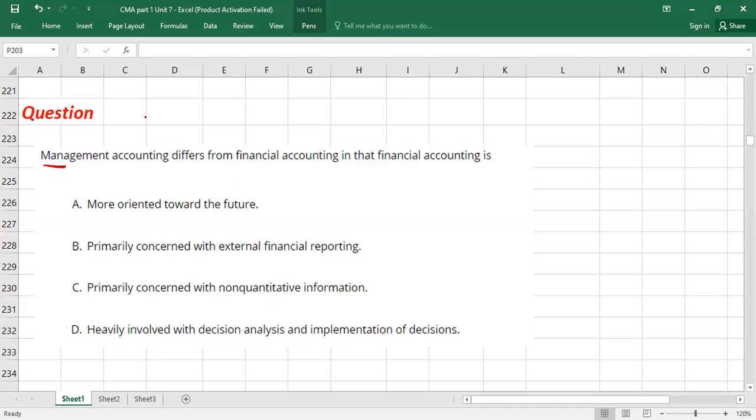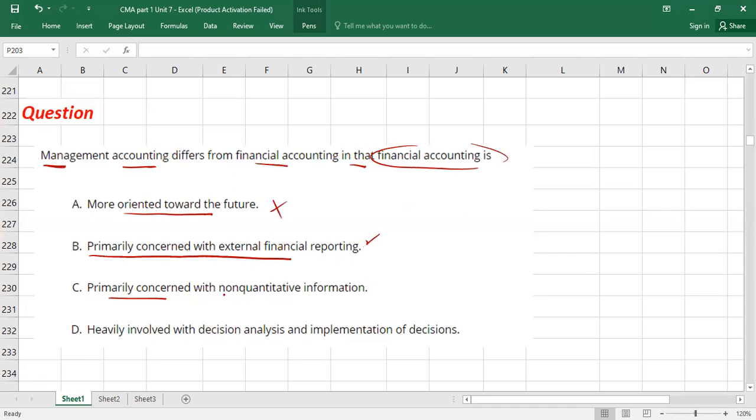Okay, so guys, they're telling you management accounting differs from financial accounting in that financial accounting is what? More oriented towards the future? No, it has a past focus. Primarily concerned with external financial reporting? Yes, this is true actually.